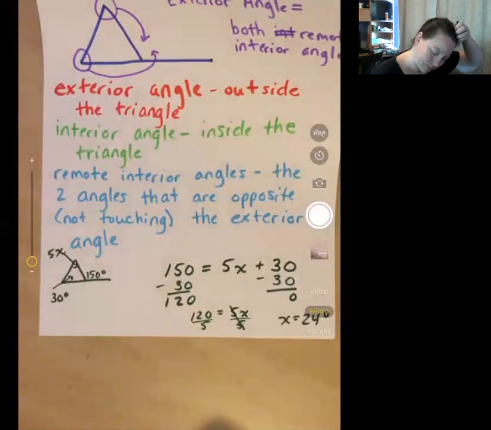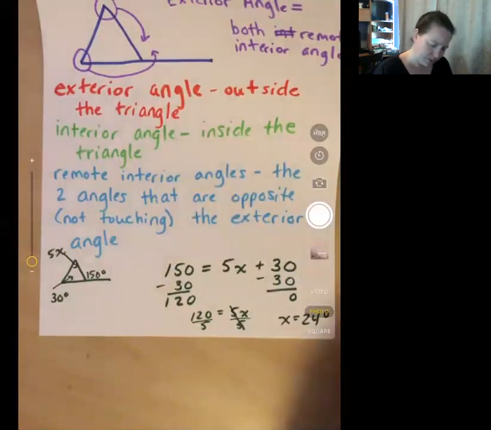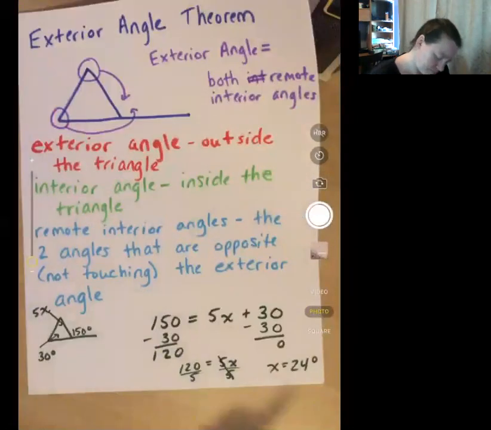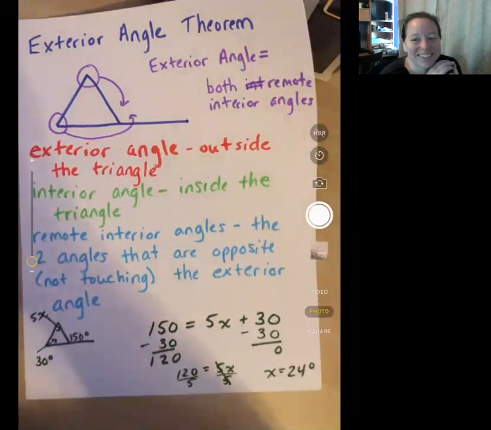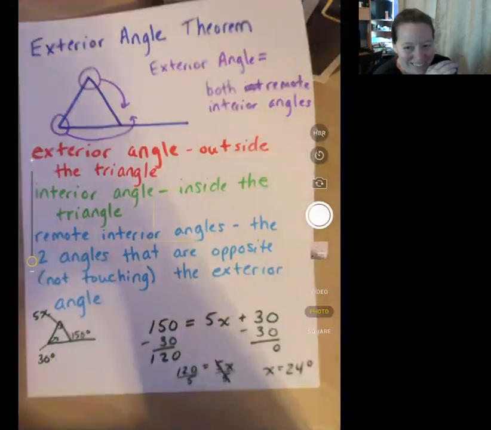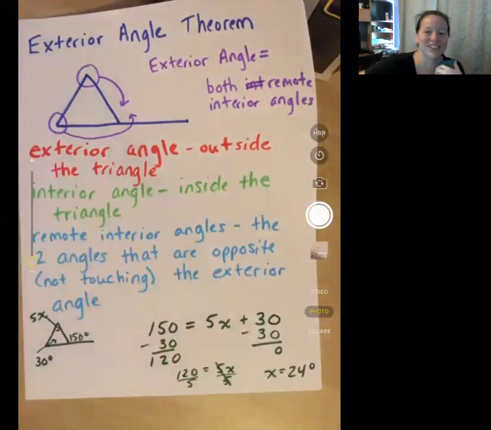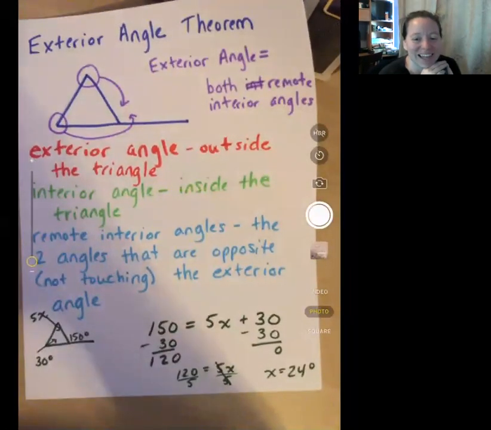Wait, that doesn't make sense. Wait a second, let me look at this. Okay, so I figured out what my actual problem was. The numbers that I chose were completely and utterly ridiculous. And so yes, x is 24.